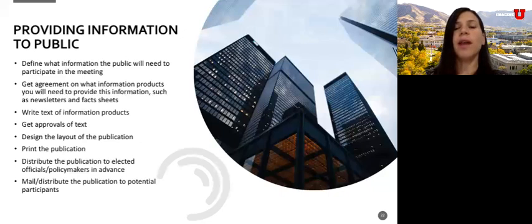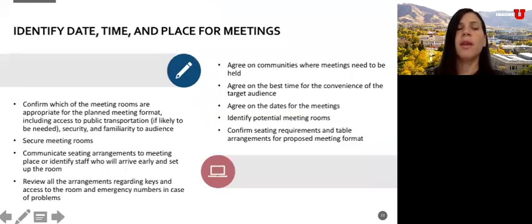You will have to design and lay out the publication. Maybe you have to print it in order to bring it to the meeting, and you will have to distribute it in emails or Dropbox, whichever method that is, to all the potential participants that will be coming to your meeting.